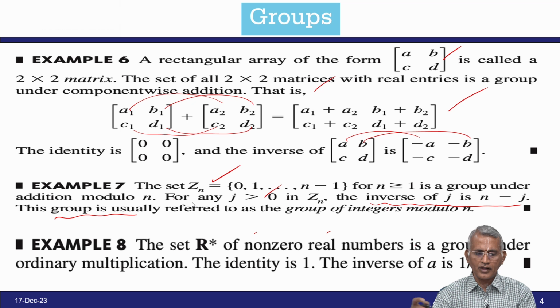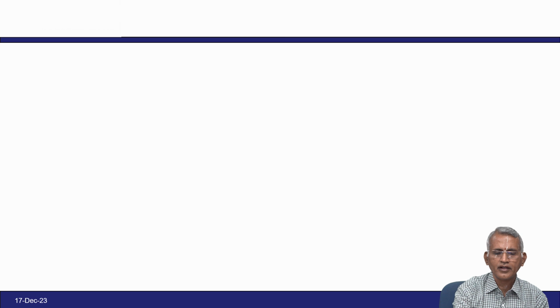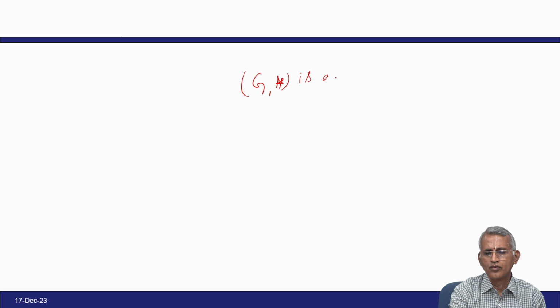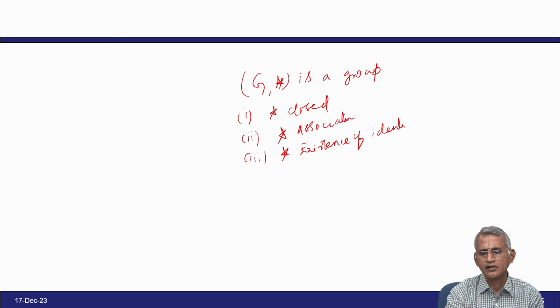Next example: take the set of all real numbers as a group. We can infer that if G comma star is a group, then it satisfies: number 1, star is closed; number 2, star is associative; number 3, star has an identity; and number 4, star satisfies existence of inverse.